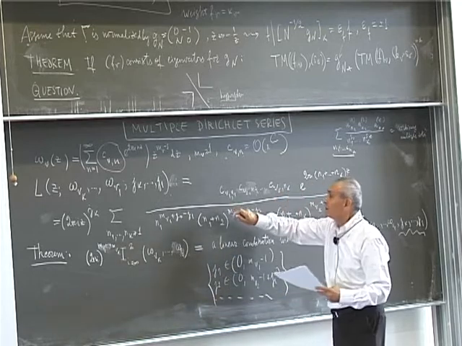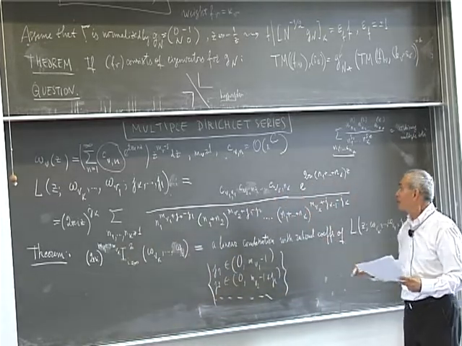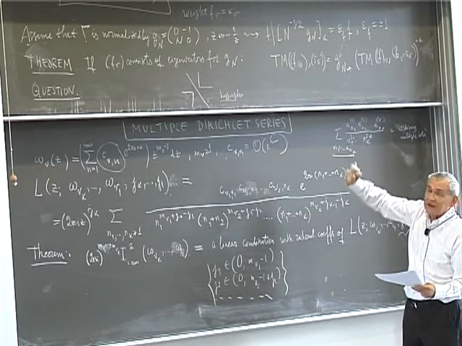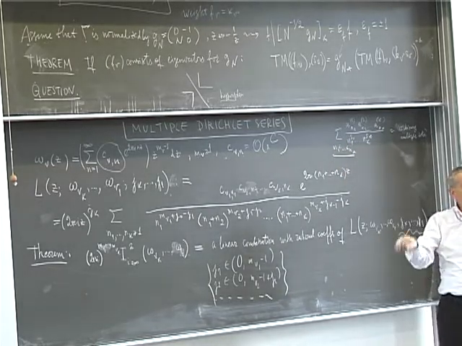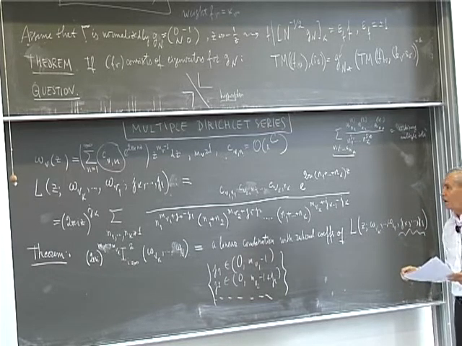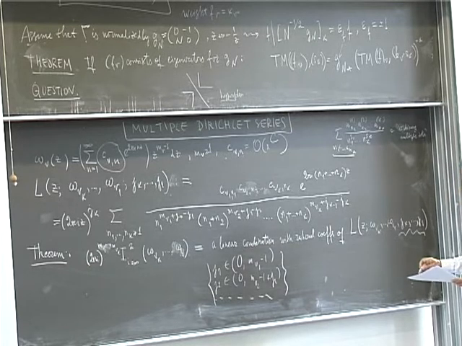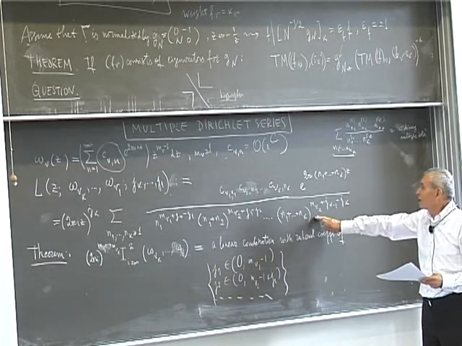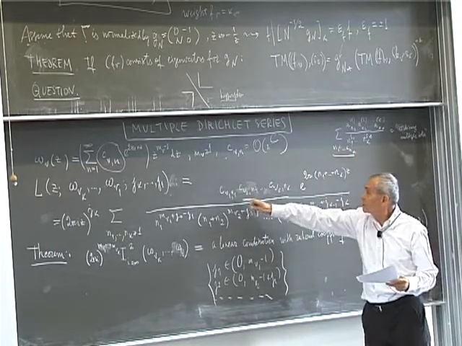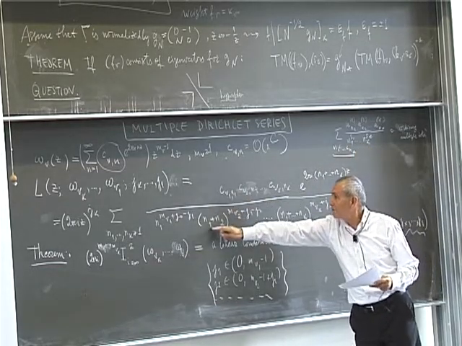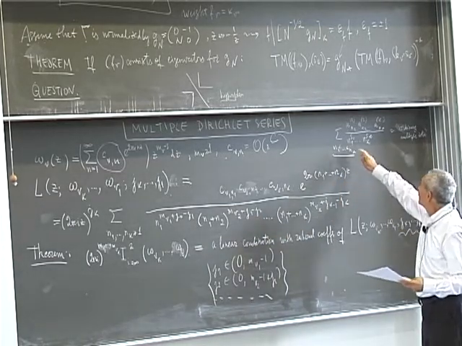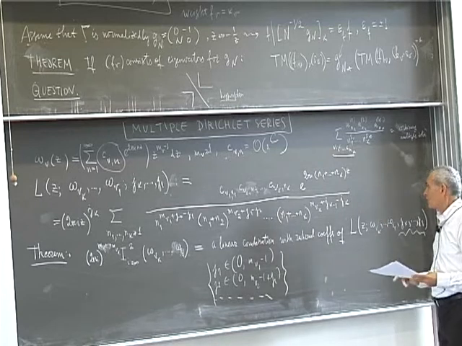So what is important to remember is that when we try to replace an iterated integral by a multiple Dirichlet series in this context, we get, first of all, an iterated Dirichlet series of non-standard type, where the consecutive coefficients depend on the consecutive differences instead of depending on these n's. That's one lesson.